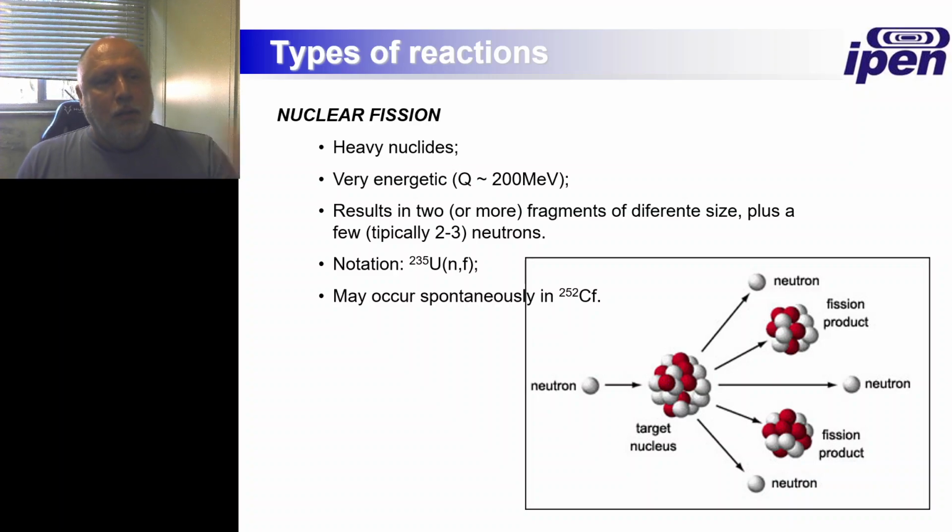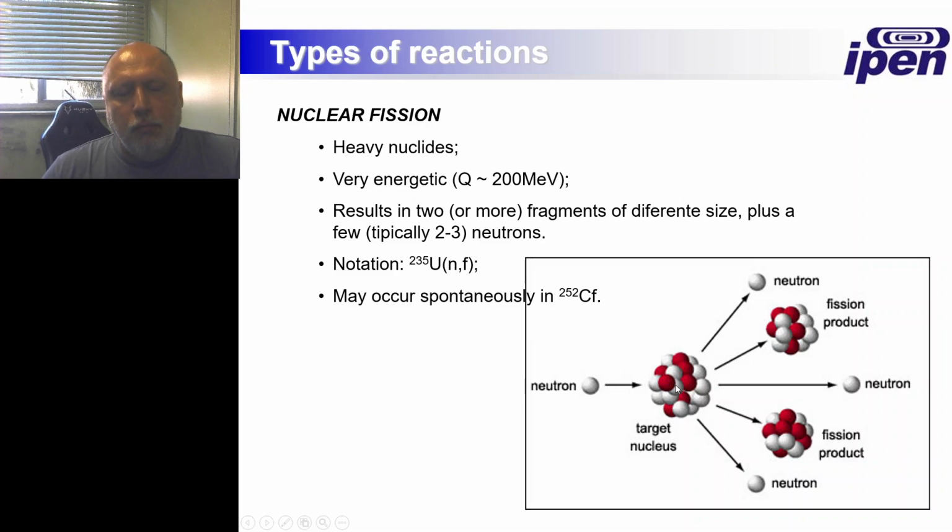And these are very energetic, and they result in 2 or more fragments of different sizes, plus a few, usually 2 to 3 neutrons, right? This is a very, very energetic reaction, meaning that each time it happens, you will have a slightly different outcome, right? So here we're talking about uranium-235.